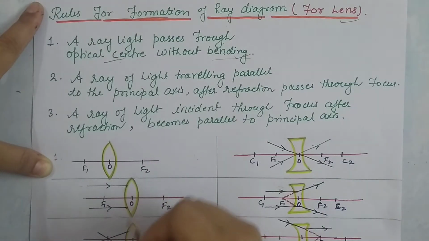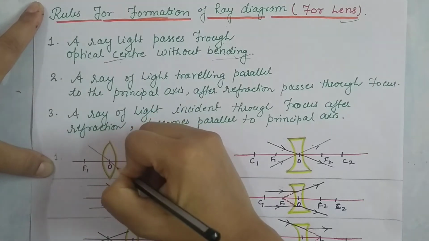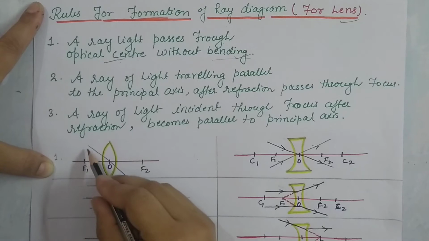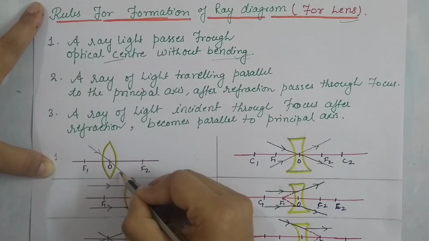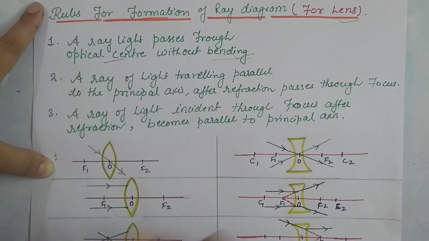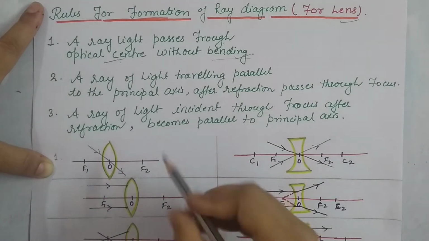You can see the light ray moving directly without bending; from the optical center these light rays never bend.